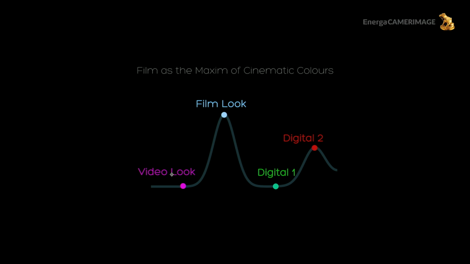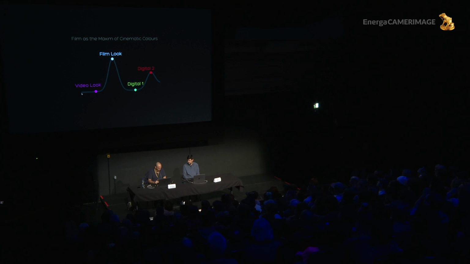Okay, so this is a really qualitative diagram. If we look at the area of electronic and then digital color grading from left to right in time, and the Y scale is maybe the preference or the quality of the image. We started with color grading music videos and other electronically acquired media.